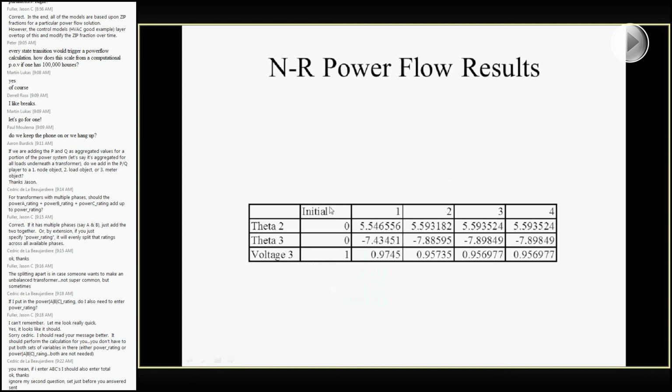This is just the progression for a particular node. So you have your voltage 3, just how the amplitude is changing, and then the angle on your particular system and how it's evolving with time. Again, this is how the traditional one works. If you want more details, pretty much any power systems book ever printed will have this in there in one way, shape, or form.